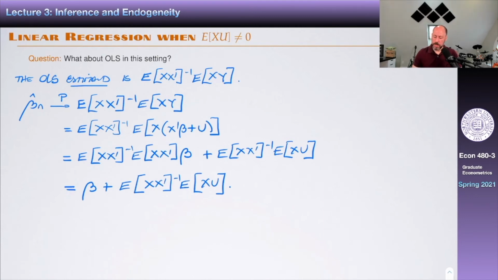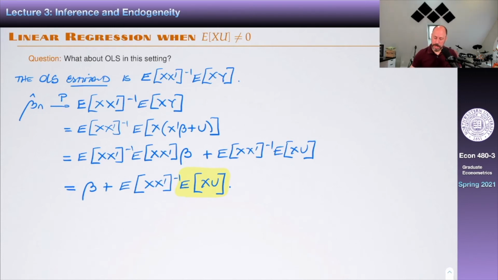Whereas before we would assume that the expected value of xu was 0, this term would disappear, and that was our proof that beta hat was consistent for beta. Now, when there's endogeneity, this term is not 0.